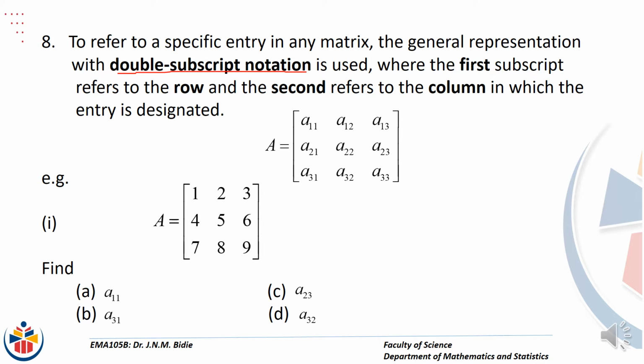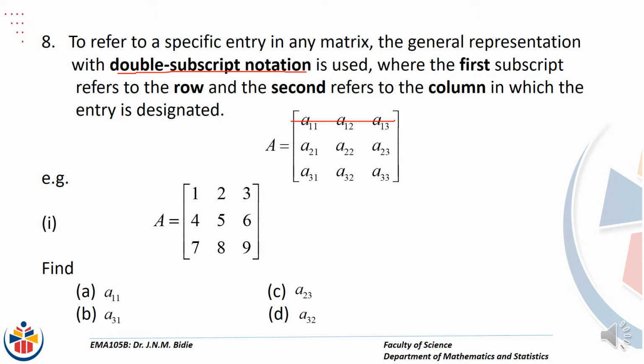Note that all the entries in the first row, they start with 1 because the first 1 represents the first row. And then A11 is found in the first column. That is why it's first row, first column.